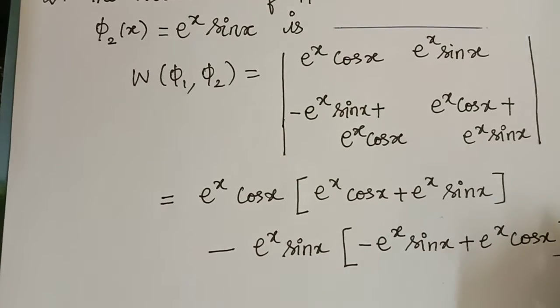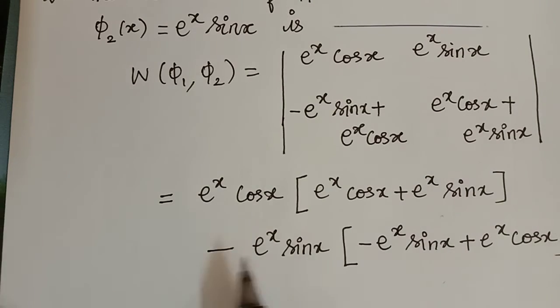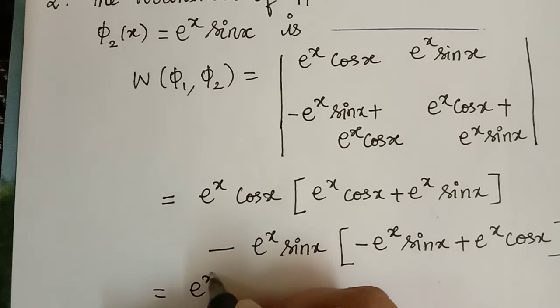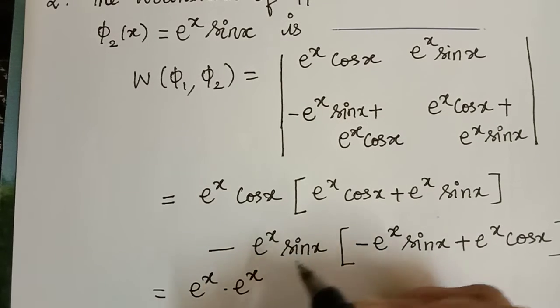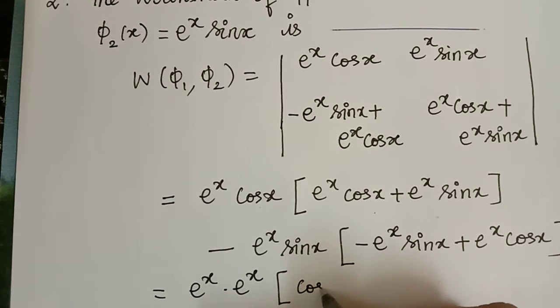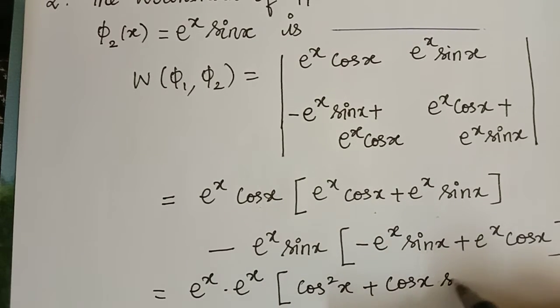And so here we could take e power x common throughout. So this will be e power x multiplied with e power x, and when cos is multiplied inside, we get cos squared x plus cos x sin x.